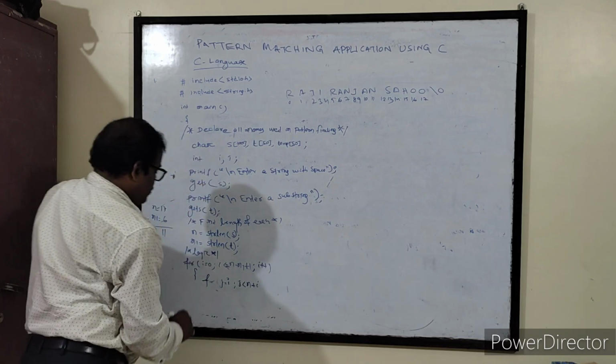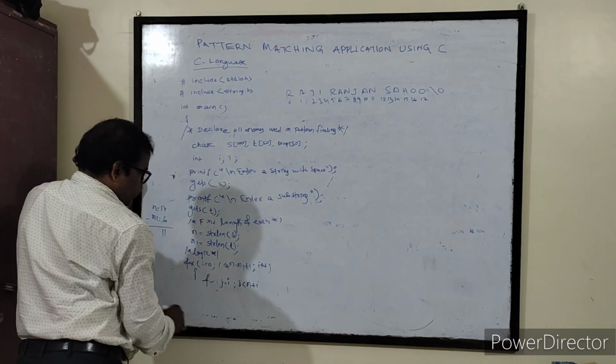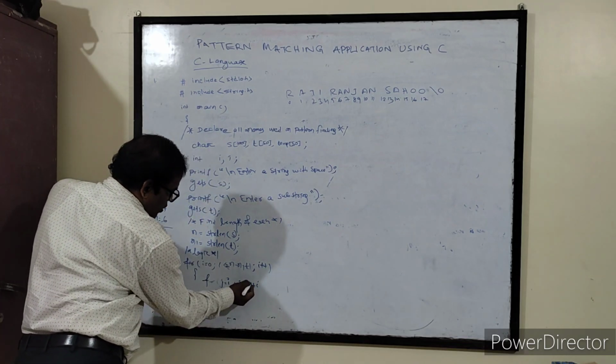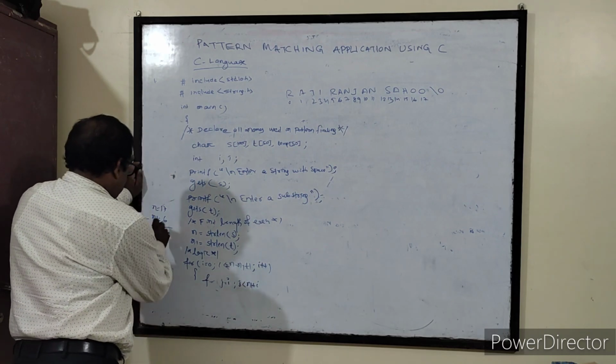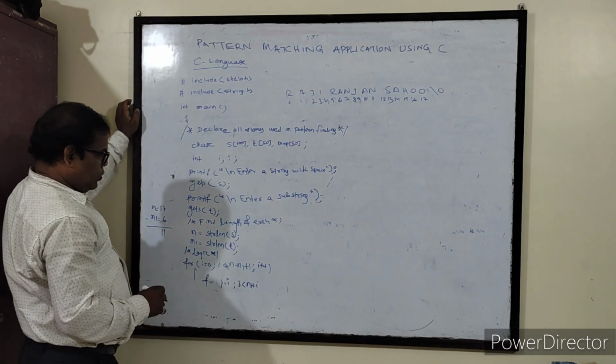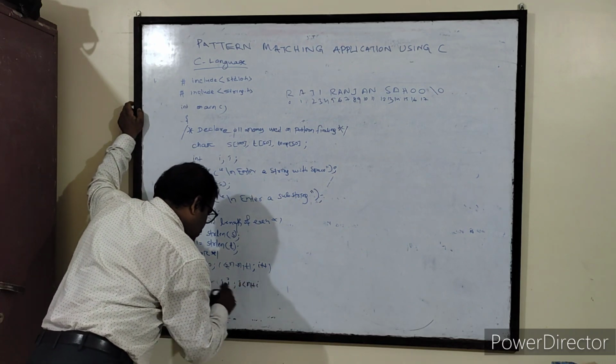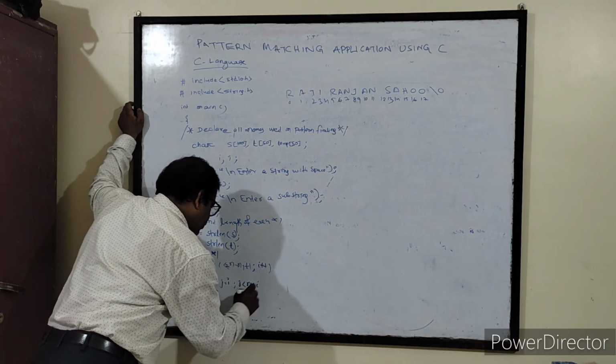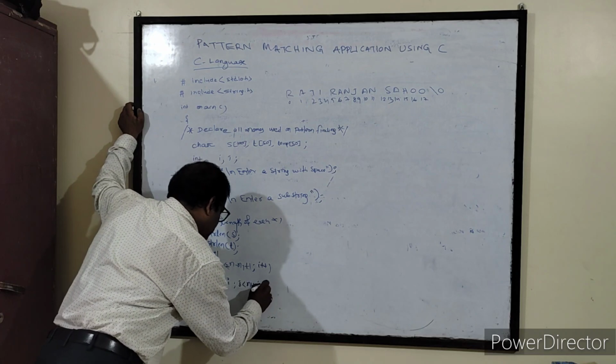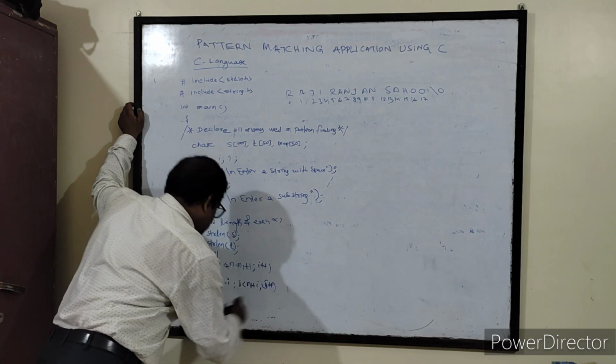What is the n here? n1, not n. So 6 plus 0, it goes up to 5, so we get the length here. So it is j plus plus.